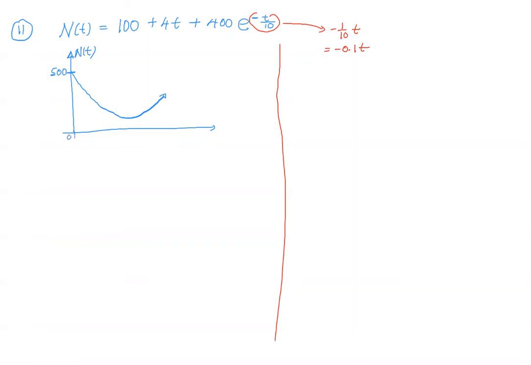Can you find the coordinates of this turning point? You know how to find the coordinates of the turning point, correct? You use second trace, minimum, left bound, right bound. I got 23.